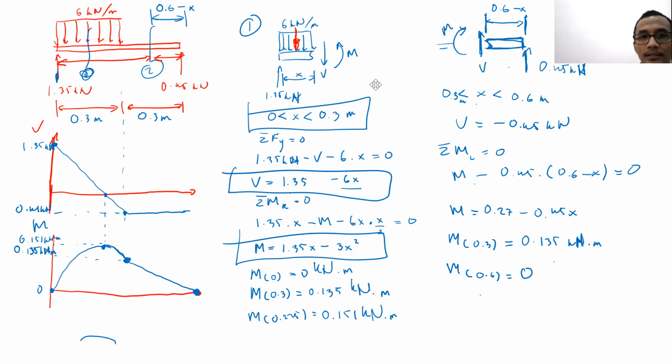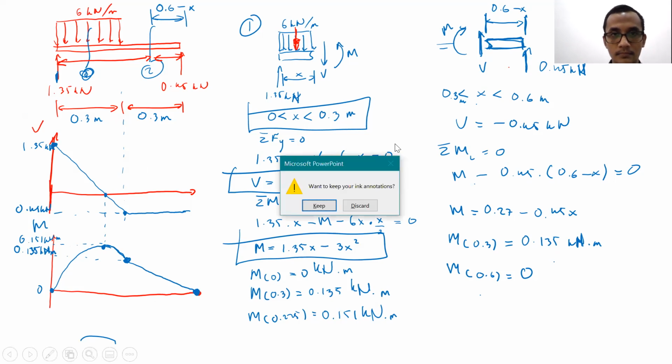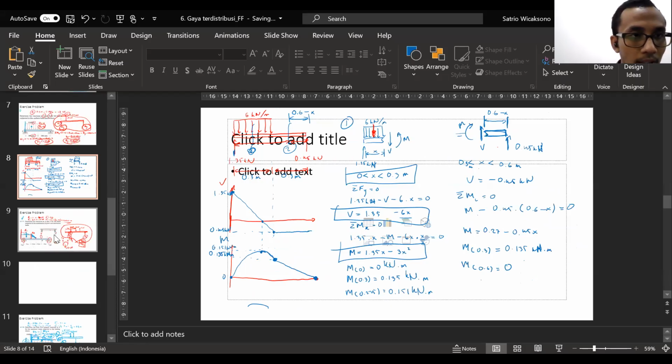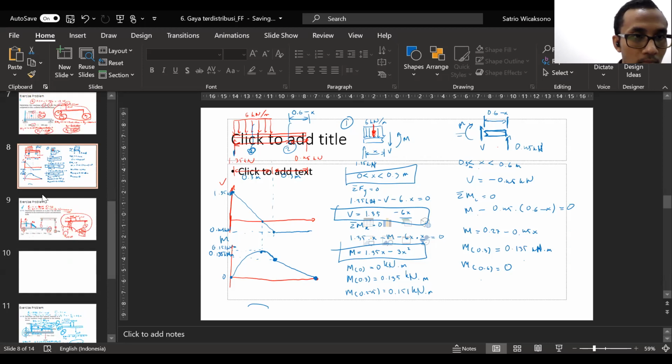So if it's triangular, for example, if this one is triangular, I think I will add another one.